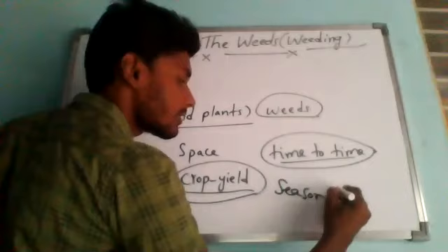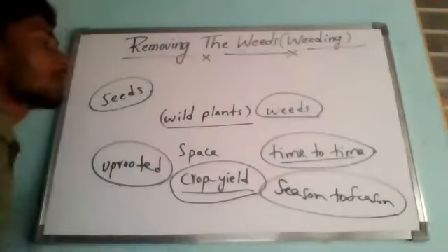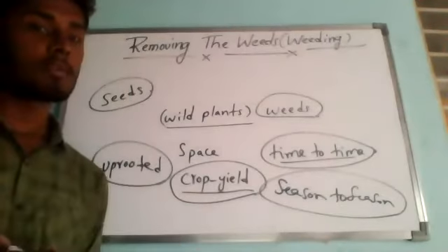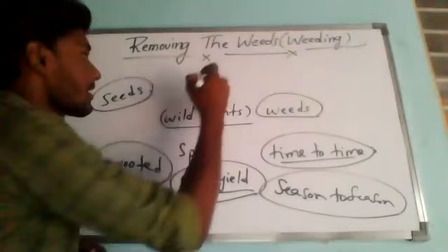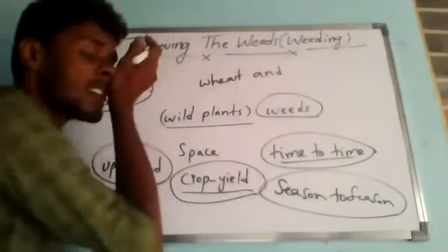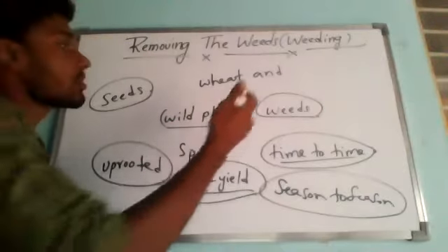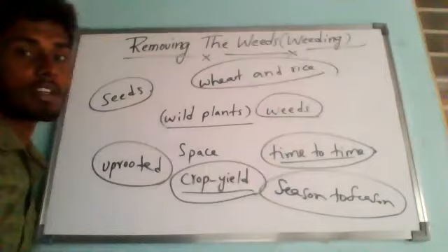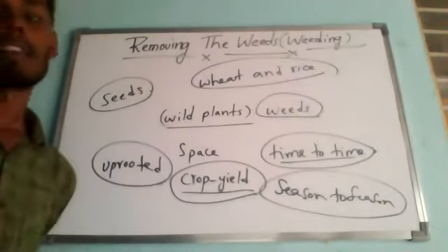Now, some of the common weeds, meaning unwanted plants, found in wheat and rice. Wheat and rice are food grains used by most people in India. North Indian people eat wheat, and we South Indian people eat rice mostly. So we'll see what the main unwanted plants found in wheat and rice fields are.